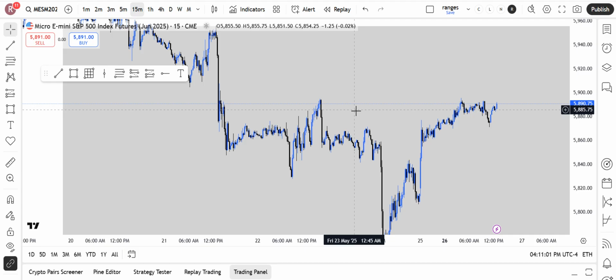Why is my mouse frozen? Did my mouse just die? I think my mouse just died. Huh. Great timing, right? Hold on one second, guys.